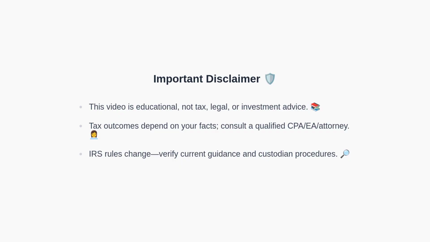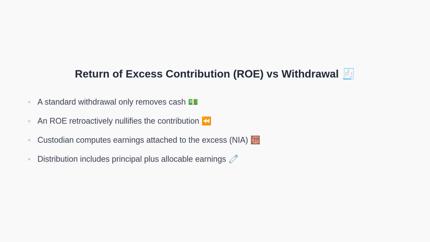With that understanding, let's clarify the core concept you must use to fix an excess: the return of excess contribution. Now let's differentiate a standard withdrawal from a return of excess contribution. A standard withdrawal simply removes dollars from the account. However, it does not erase the original contribution in the eyes of the IRS.